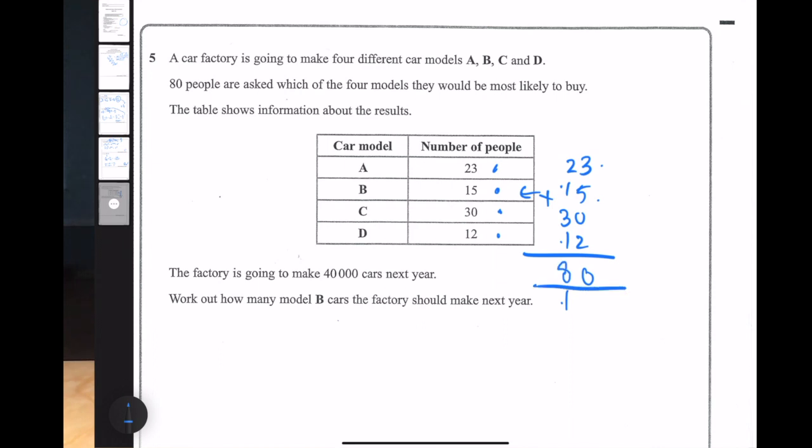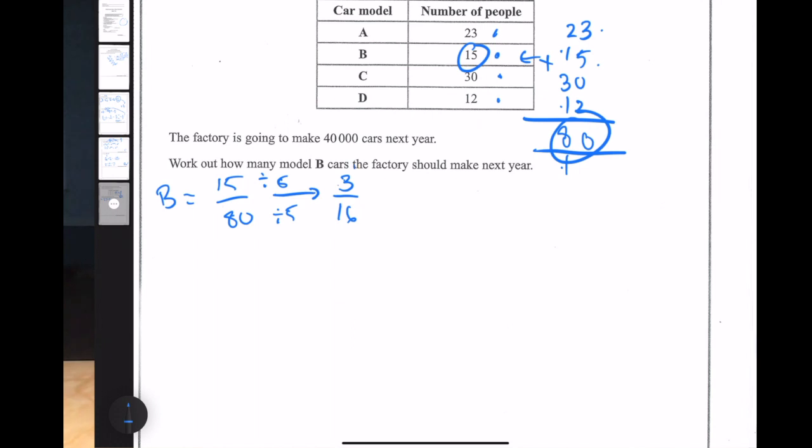So 80 people were surveyed, and B has to be 15 out of those 80 people. Nobody wants to work with 15 out of 80, so if you simplify it by dividing top and bottom by 5, 15 divided by 5 is 3, 80 divided by 5 is 16. So for B, you have got to work out 3/16 of 40,000.